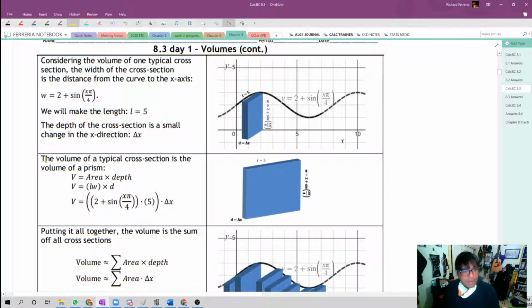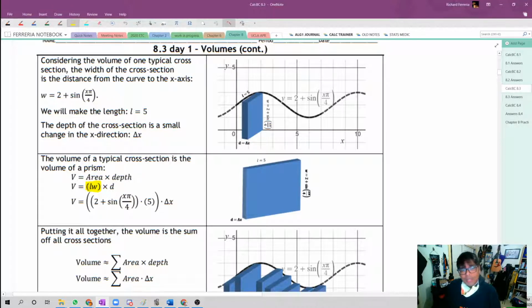So the volume of this cross section is going to be the same as the volume of a rectangular prism. For any prism, the volume is the area of the face multiplied by the depth of the prism. In our case, the face area is a rectangle, so the area of a rectangle is length times width.